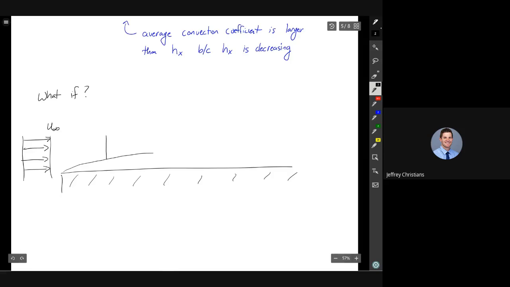If we drew the velocity profile here, it would look something like this. But then after some distance, we could have this switch where we switch between laminar flow and turbulent flow. So what that looks like is all of a sudden our boundary layer kind of gets a little crazy.